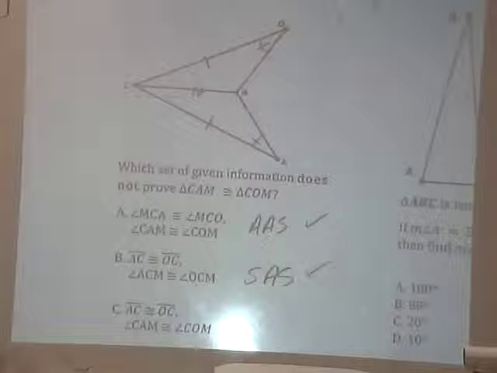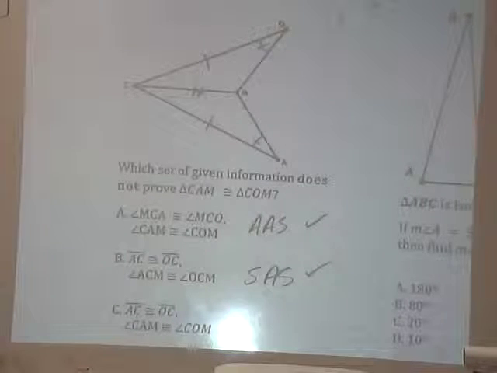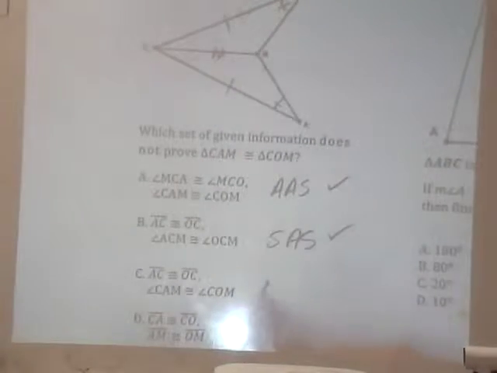What would it be? Side side angle is backwards. You can't do that. This is not enough information to prove the two triangles congruent, right? So no. Let's go ahead and check D just to make sure we're good.